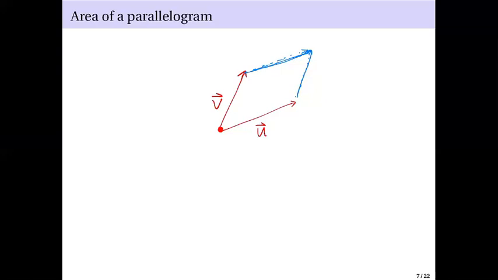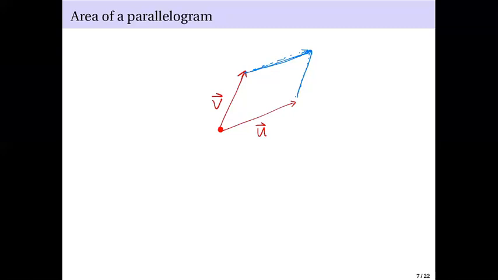So how do we calculate this area? Let's look at this. Remember, if you have a parallelogram, the area of the parallelogram is equal to the length of the base times the corresponding height.